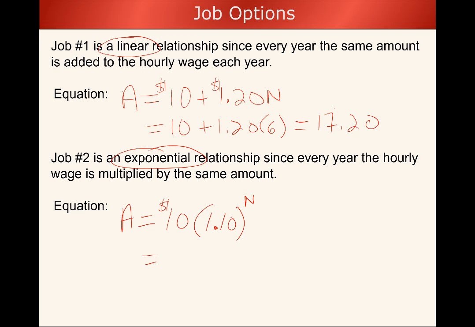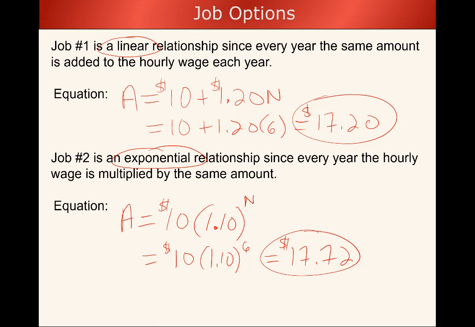So I got the first equation right. Second one, 10 times 1.1 to the power of 6, all in one step gives me $17.72. I rounded that last digit. It was actually 17.715661.